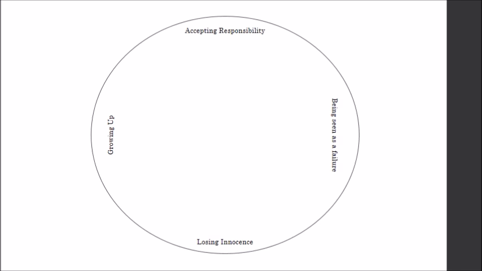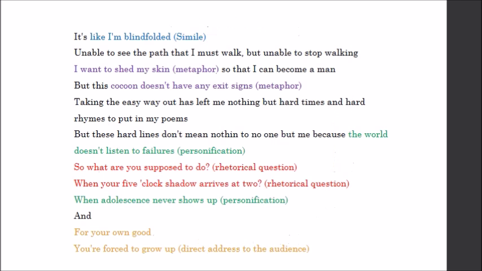The next step, so once I read it, and this didn't come to me straight away. I had to read it a few times. I had to look at each line, really break it down, and try and think about what I thought the poem was about. Once I did this, then I started to look for some of the techniques that were in there. And if you look through this, you can see that I've identified 5 different techniques. I've identified the simile at the top. I found a metaphor in there.